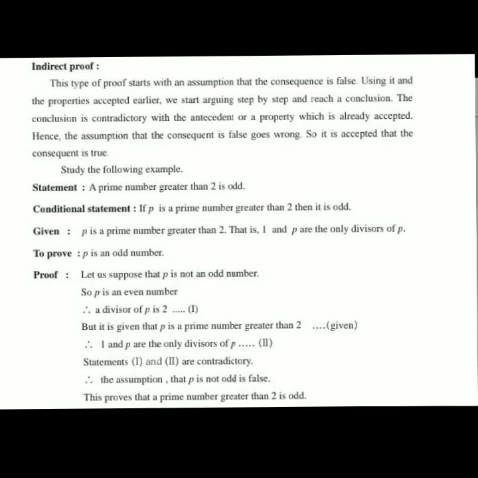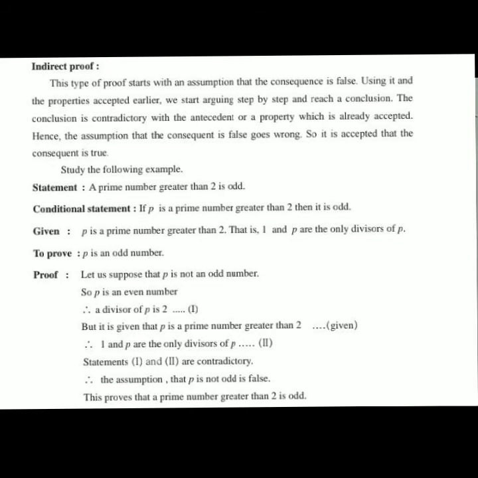So in given, between if and then, that part is the given. P is a prime number greater than 2, that is 1 and p are the only divisors of p. In to prove, the part after the then, it is odd. So to prove, p is an odd number.